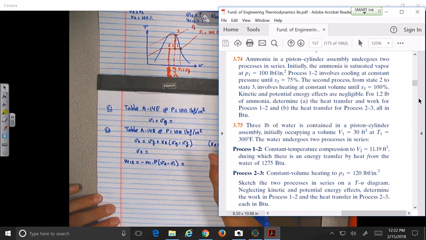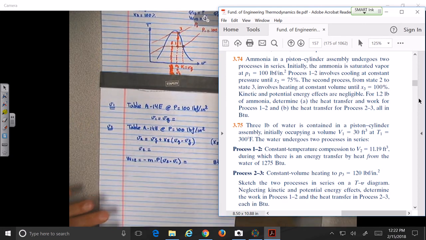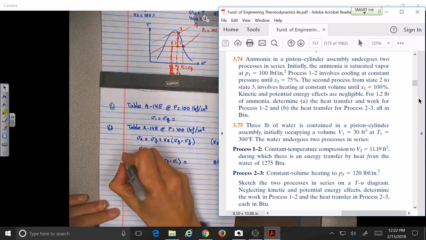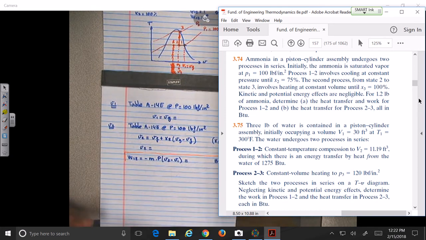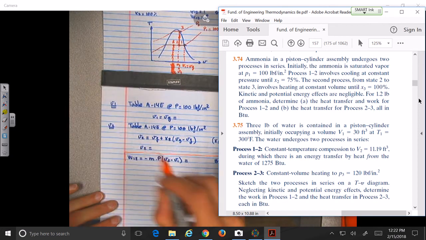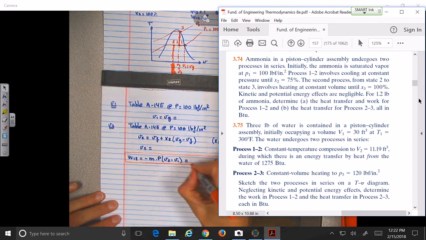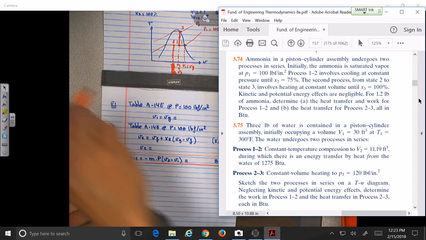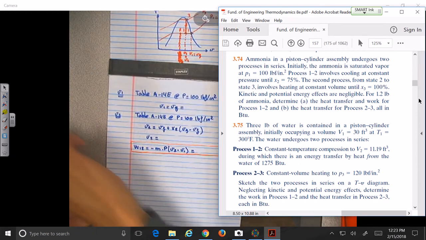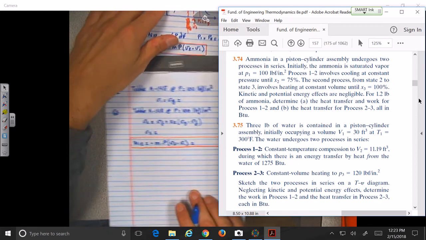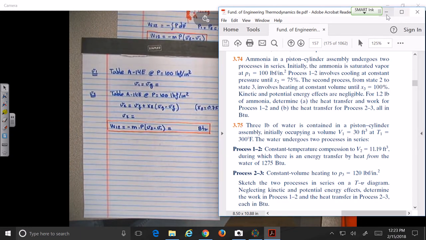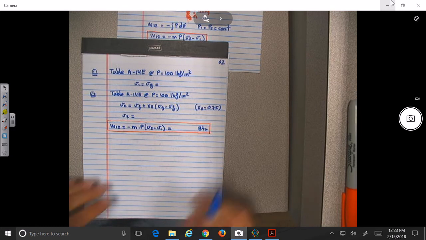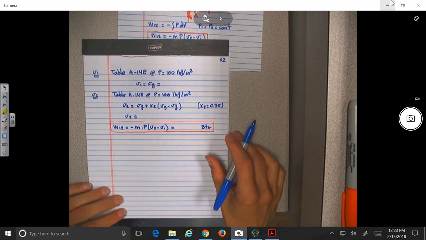And here you're going to get the results in BTUs. All right, so now we find work 1-2.